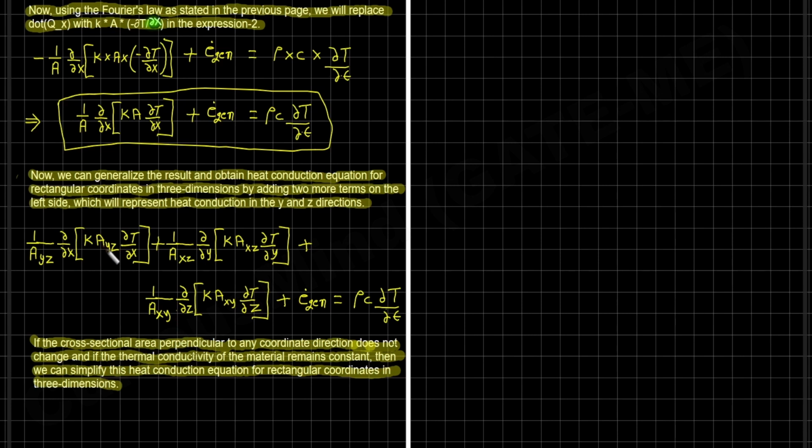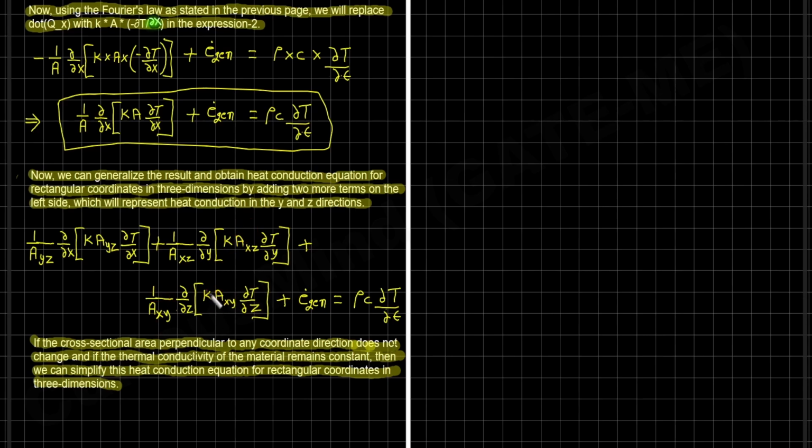Alright, so if the cross-sectional areas perpendicular to the coordinate directions remain unchanged or constant, then we can cancel out these areas.